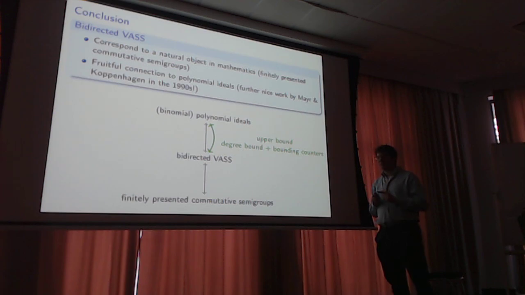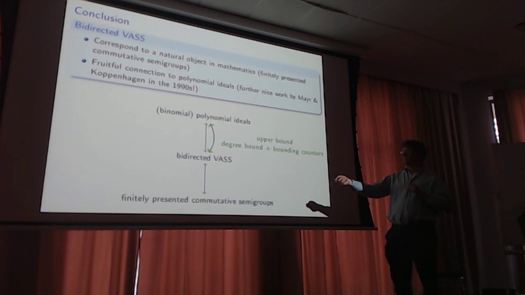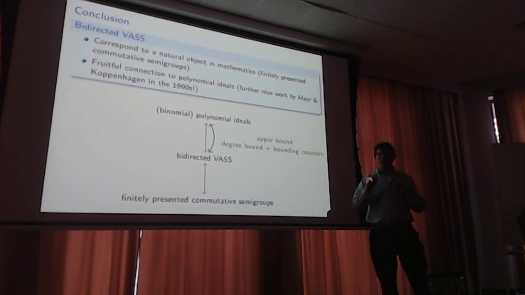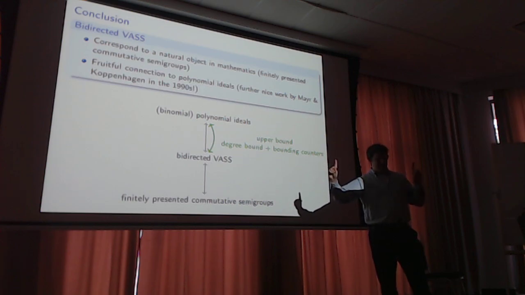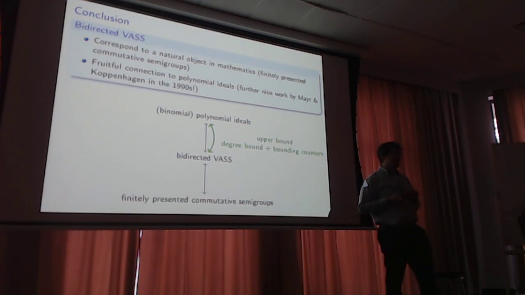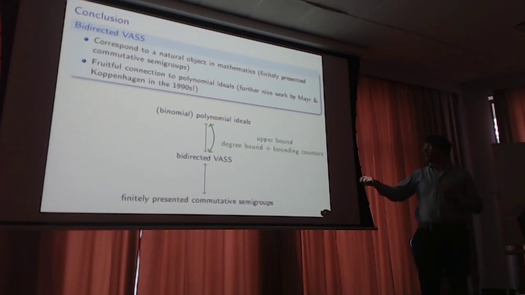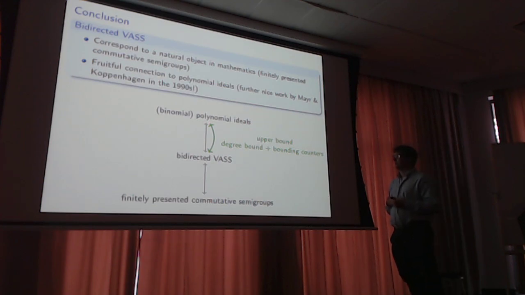But doubly exponential degrees still doesn't give you exponential space, because then they reinterpret it as a VAS, and then, as you saw in the proof, if the maximal degree in your representation is at most doubly exponential, then that means the number of steps is at most doubly exponential. And then you know by binary encoding you can represent the states in exponential space. So you also need VAS to get the result on binomial polynomial ideals.